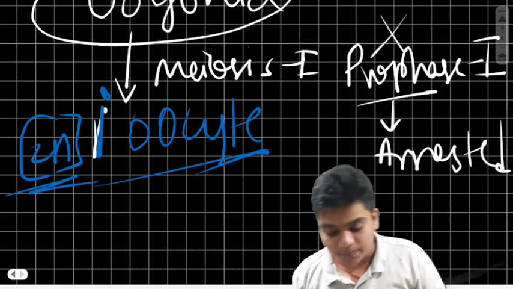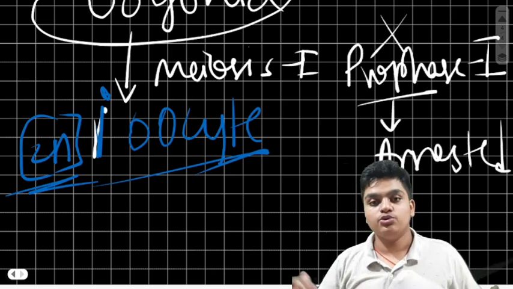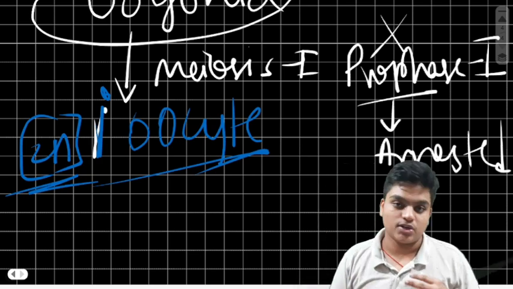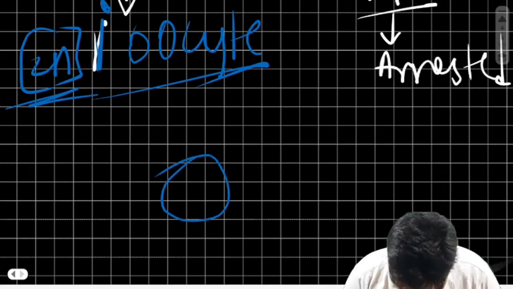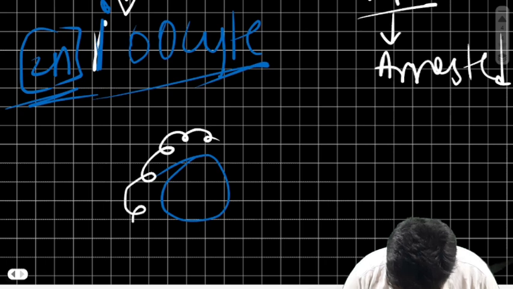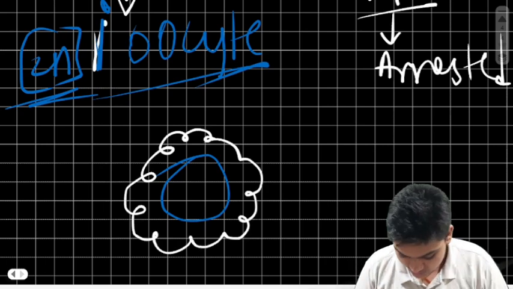Now this primary oocyte develops a new layer of cells called granulosa cells. If this is your primary oocyte, it develops a single layer, not many, of granulosa cells.